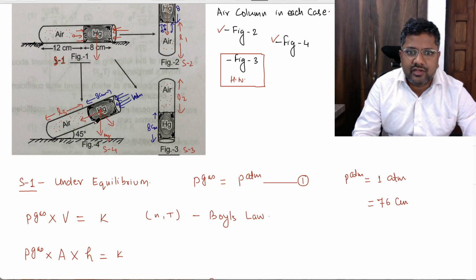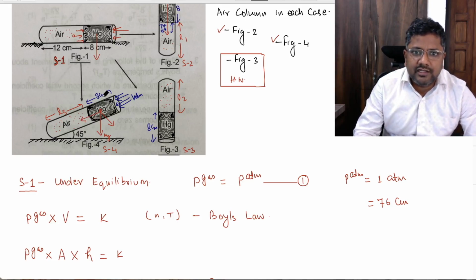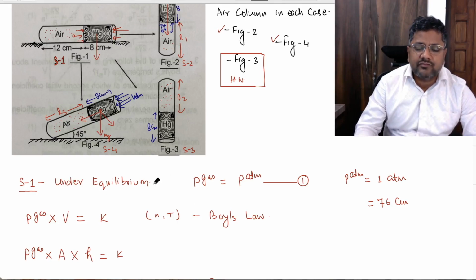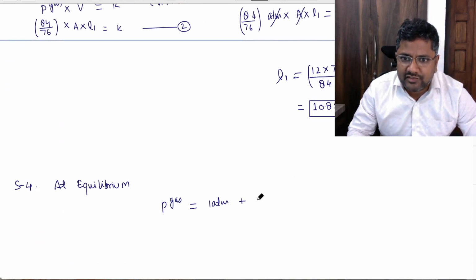So this is 45 degree from this surface, so this component will come at cos 45. So what is the length of this? 8 centimeters, so 8 cos 45, right? So this is 1 atm plus 8 into cos 45.